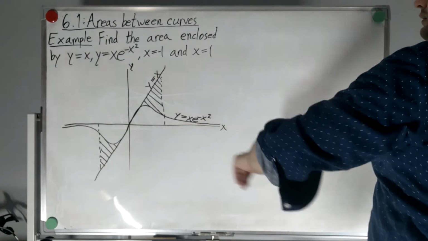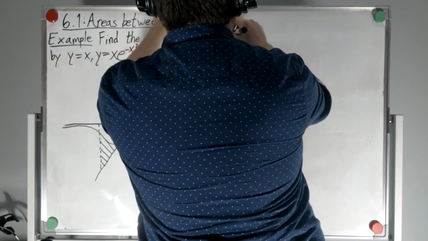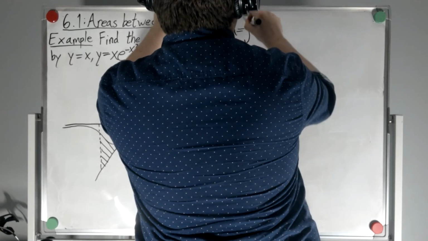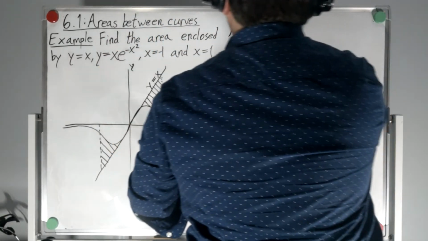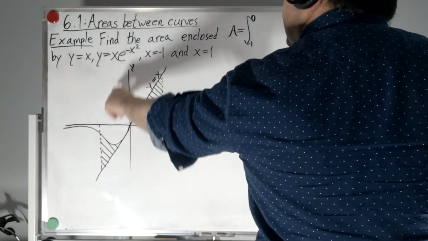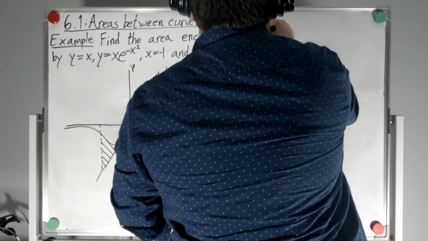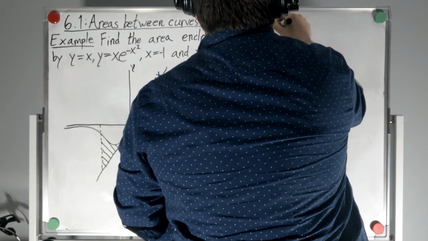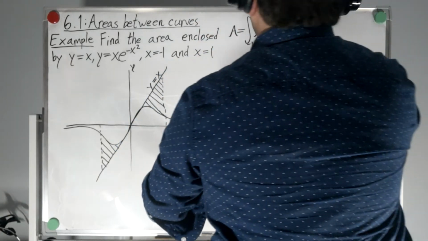So, what we're going to do is the integral from -1 up to 0 of, let's see, upper function is x e to the negative x squared, lower function is y equals x.